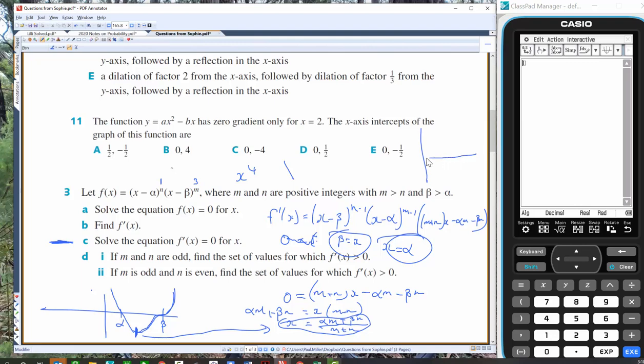Okay, but let's draw another version of this graph. So I'm going to chop around a little bit here and go, all right, this is α and this is β again. And what I'm going to do is make (x − α)^3 and (x − β)^5. All right, so what's going to happen is, if I expanded this out, I'm going to get an x to the 3 by an x to the 5, which is going to give me an x to the 8.